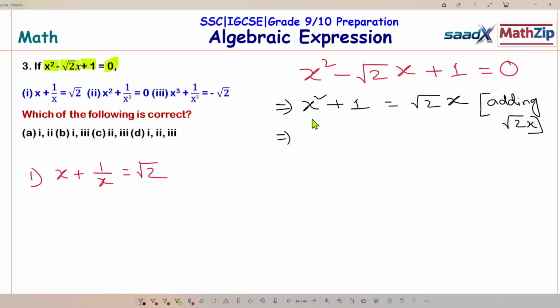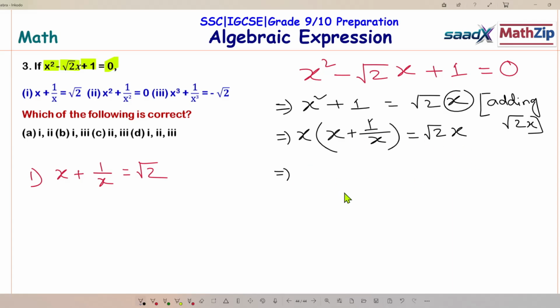Now we can take common x from here, so x square plus 1 becomes x times (x plus 1 by x), and here is root 2x.